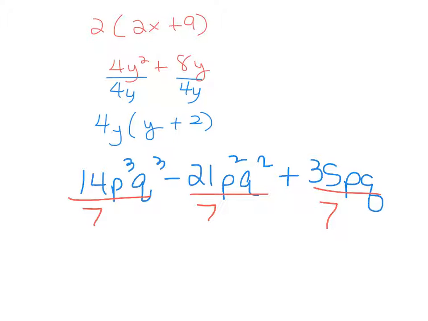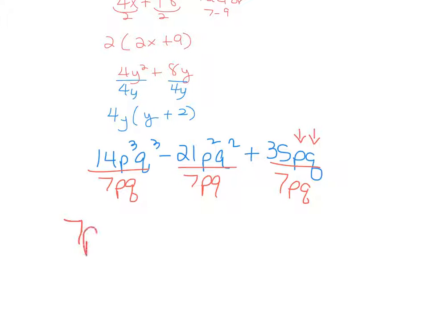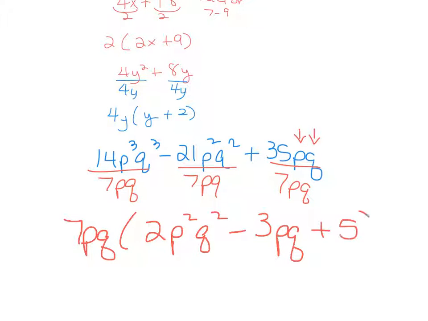And then notice they all have p's, and I picked the smallest, which is just the plain old p. They all have q's, and again, I picked the smallest. So I'm going to divide all 3 by 7pq. So 7pq goes outside, and then the answer to the division inside. And you're done. So that is 7 through 9.